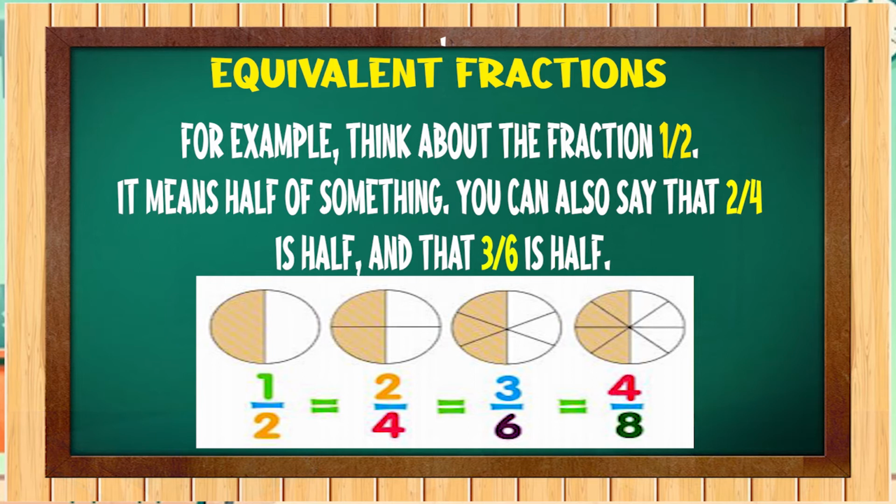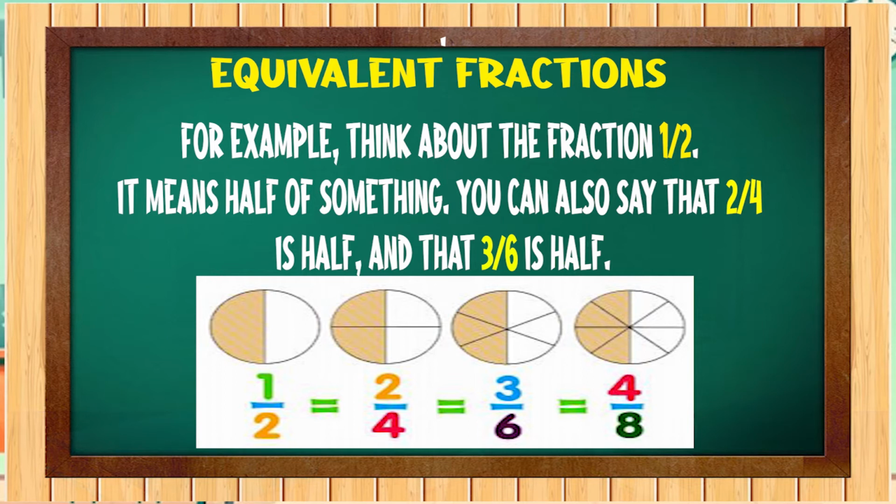Now if you look at the image on the screen, you would notice that a half is represented by shading exactly 1/2 of a shape, whereas 2/4 is represented by shading 1/2 of the shape as well. However, the numerator and the denominator values are different from that of a half, which is a regular 1 as the numerator and 2 as the denominator.